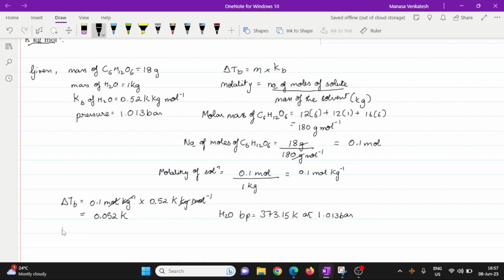Now, delta TB equals TB minus TB naught. And TB will be equal to delta TB plus TB naught, where TB naught is the boiling point of the pure solvent and delta TB is the change in the boiling point.